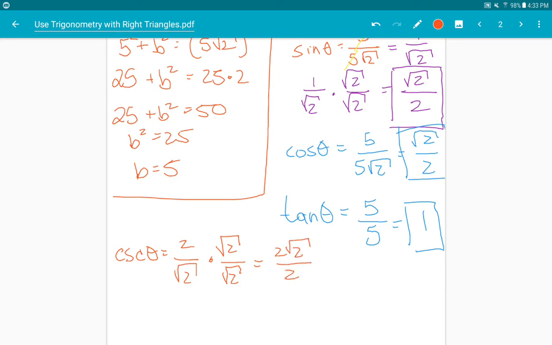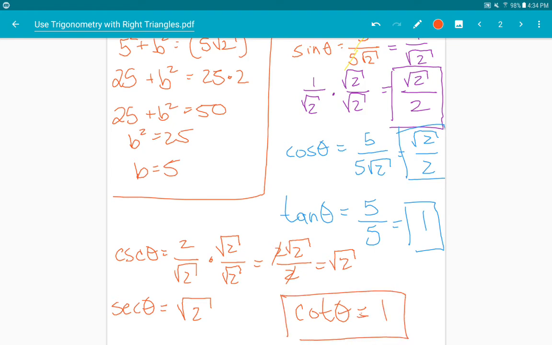And then algebraically, what simplifies there is that the 2's cancel out. So I get radical 2. If cosine was the same thing, then the reciprocal is also going to give me radical 2. And then cotangent theta, the reciprocal of 1, what's the reciprocal of 1? 1. All right, so there you go. There's your cotangent. Here's your secant, and then your cosecant is here. Okay, so those are the 6 trig function values of the last one.